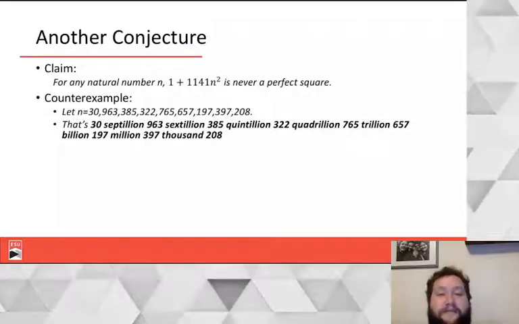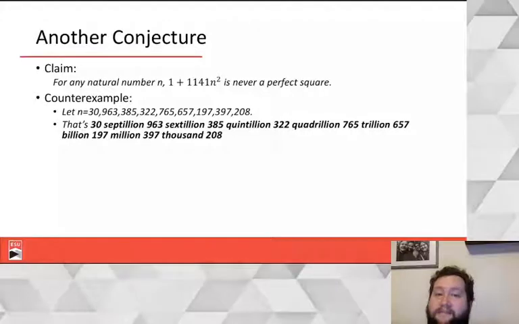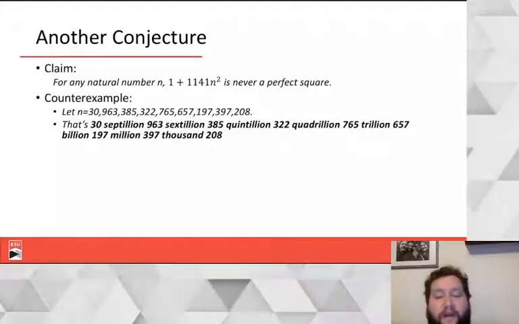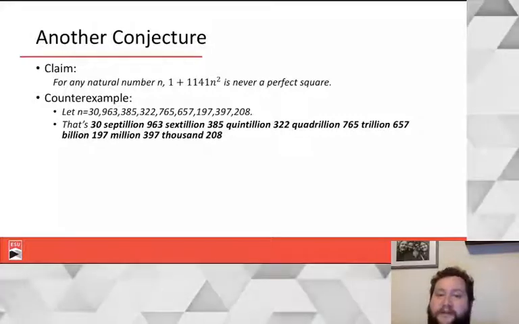That's a big number. If you square it, then multiply it by 1,141 and add 1, it will be a perfect square.